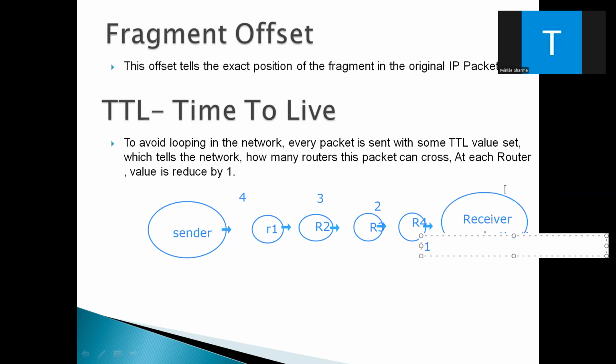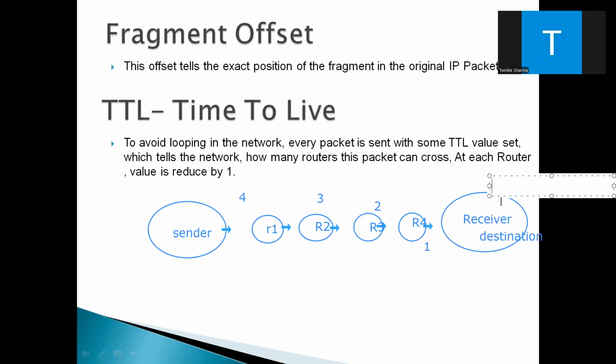After 1, it goes to 0, which is our destination. So in TTL, at each router, the value is reduced by 1, and TTL tells the network how many routers this packet can cross. I hope you understand this topic.